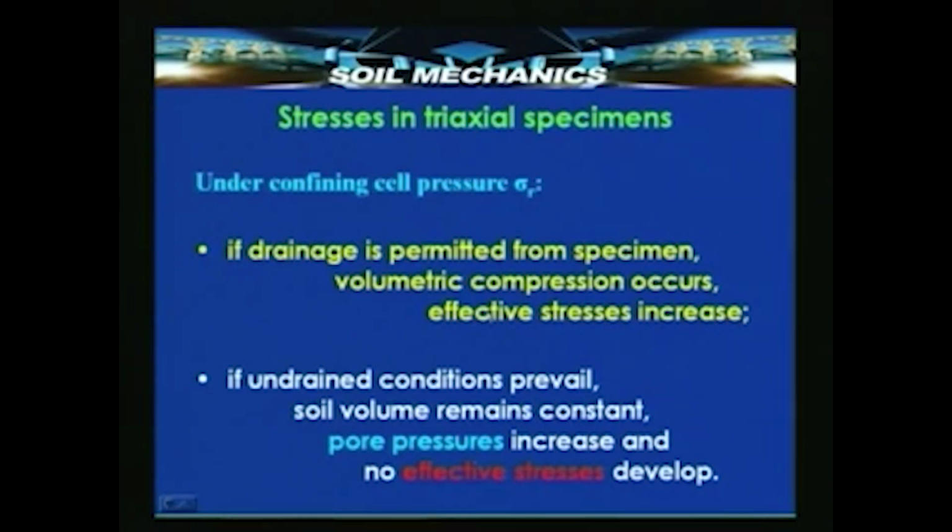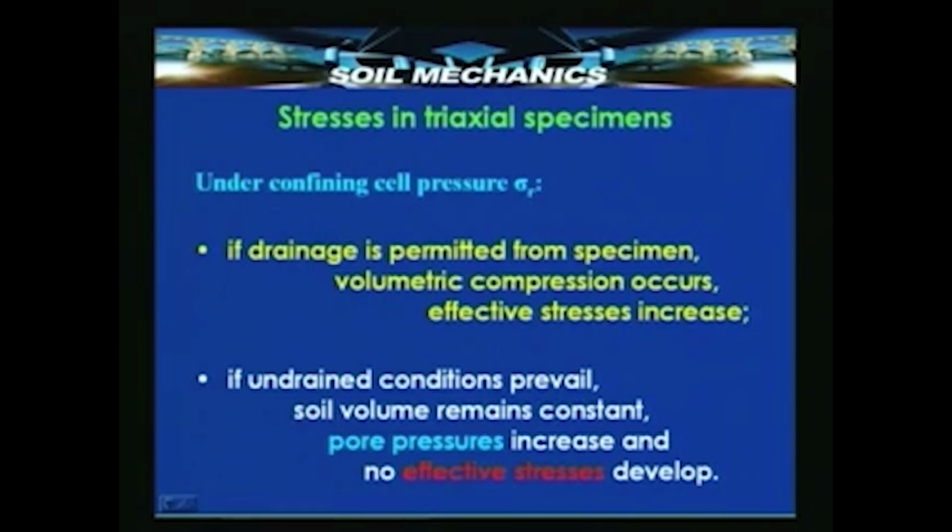Now, this stress condition inside the specimen, which is basically sigma r and sigma a, depends on the drainage conditions. If drainage is permitted from this specimen, then as the water expels out, a volumetric compression takes place in the specimen, and therefore effective stresses develop.